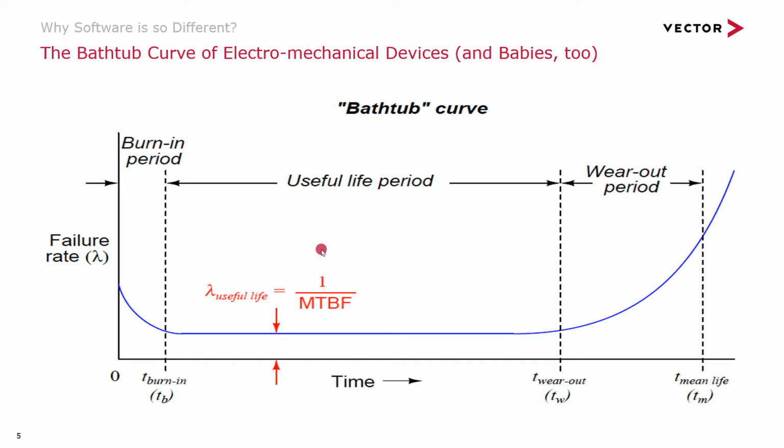And then there is the wear out period, where you have, for an electromechanical device, obsolescence. For a human, you are old, so you could be more subject to illness and to other problems. And the same for the electromechanical devices that could have some obsolescence.